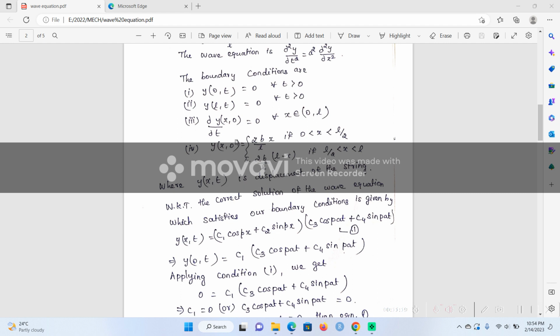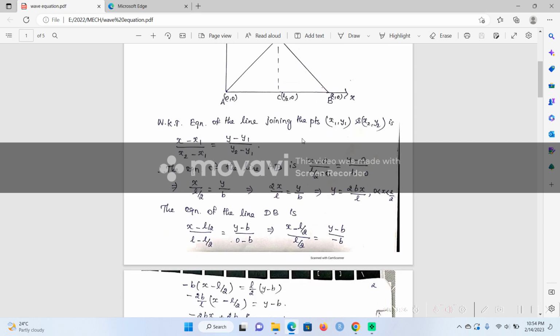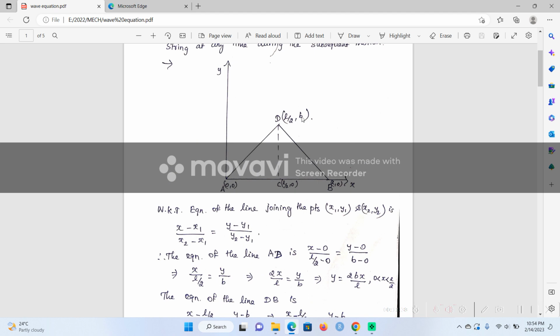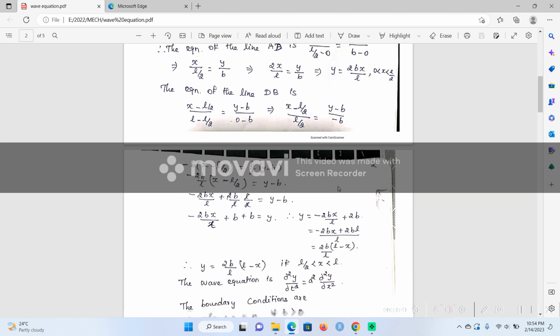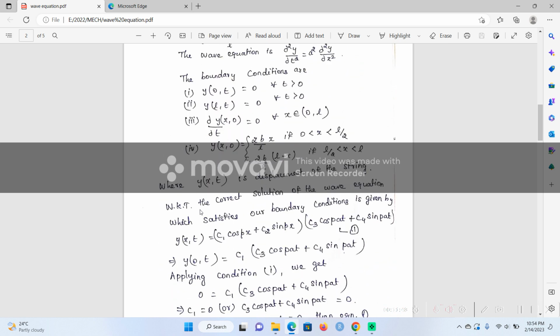That is, at the starting point the string is in this format. Previously we discussed this AD is the 0 to L by 2 position, and DB is this L by 2 to L position. So we are considering those equations for this one.